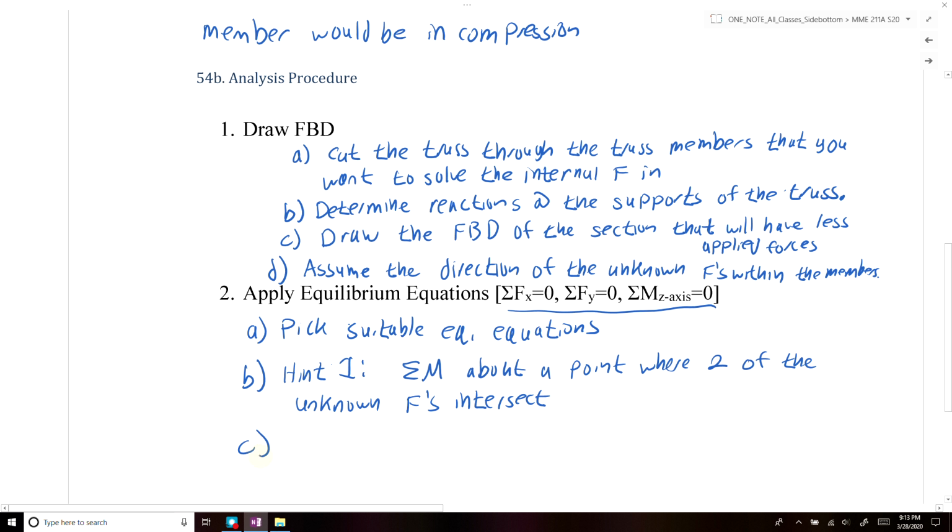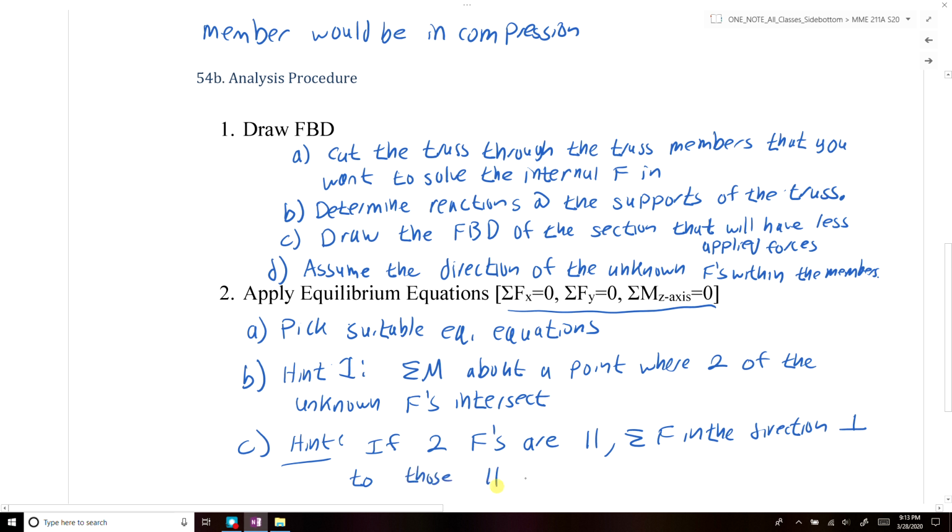And the second hint is that if two forces are parallel with one another, sum the forces in the direction that is perpendicular to those parallel forces.